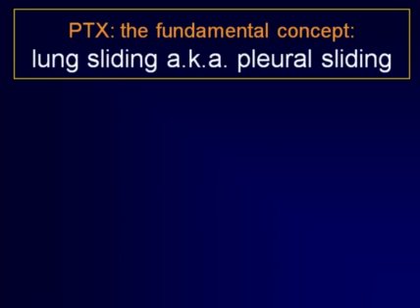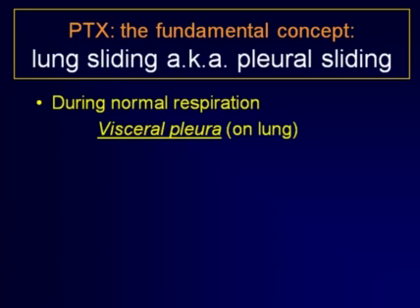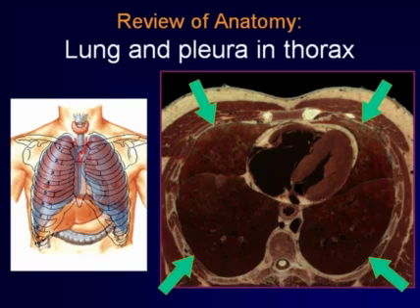The fundamental concept in pneumothorax is that of lung sliding, also known as pleural sliding, and this basic concept is that the ultrasound can identify the two layers of the pleura moving with respect to one another. And so this is a simple assessment of the basic physiological fact that during normal respiration, the visceral pleura, which are actually stuck to the lung, are sliding with respect to the parietal pleura, which are stuck to the chest wall.